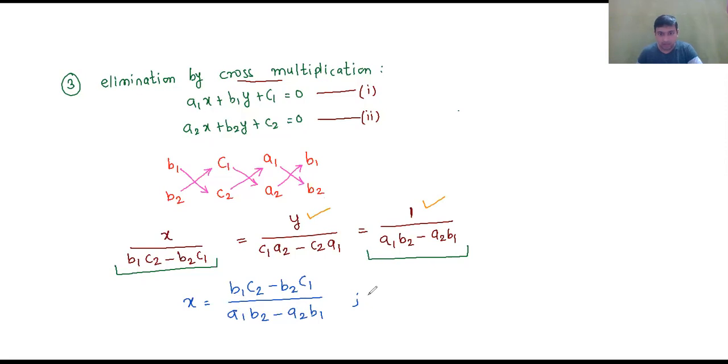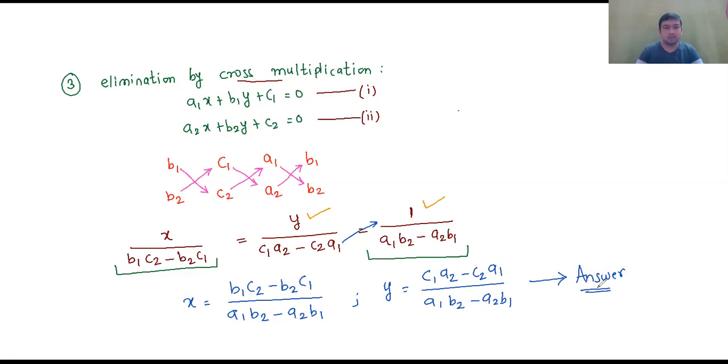So we can write y is equal to c1 a2 minus c2 a1 divided by a1 b2 minus a2 b1. So this is how you will get the values of x and y. This is the theory behind this method, elimination by cross multiplication. We will solve one problem so that this method will be clear to you.